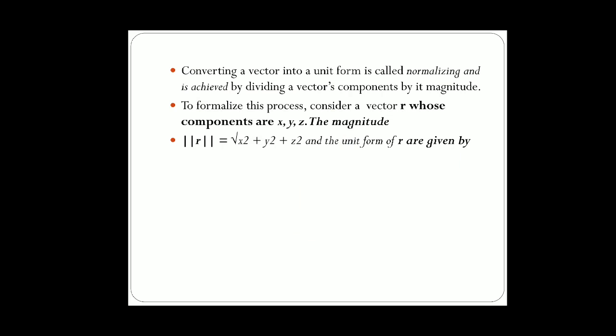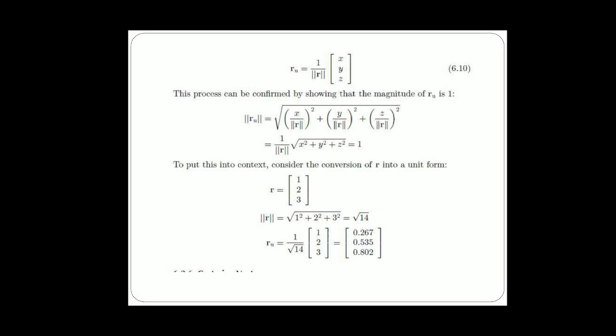To formalize this process, consider a vector R whose components are x, y and z. The magnitude of R is the square root of x square plus y square plus z square. The unit form of R is given by this: R unit is equal to 1 upon magnitude of R times x, y, z.